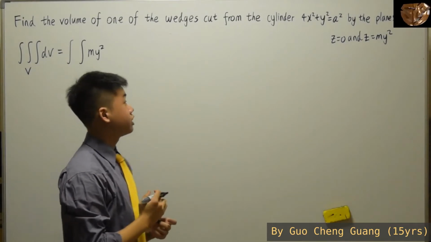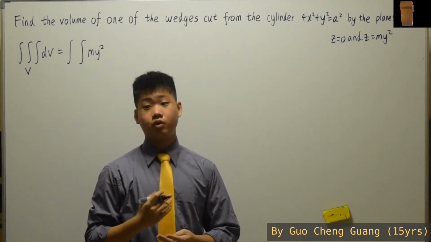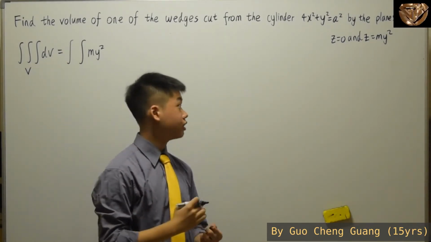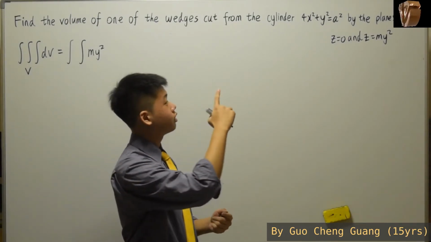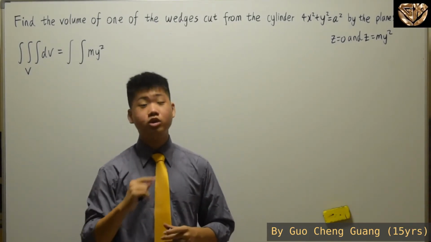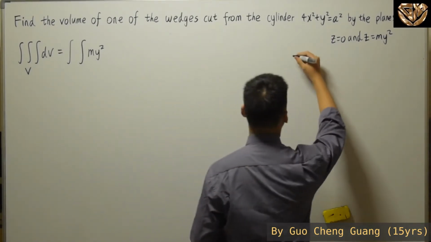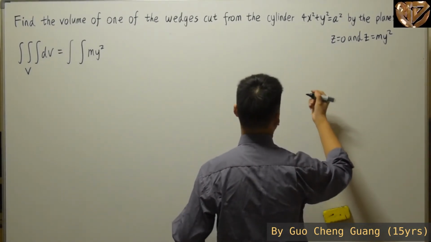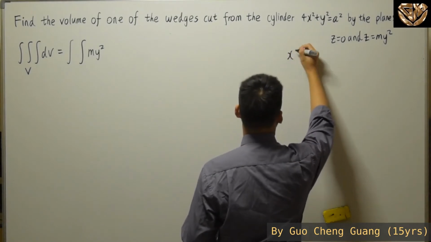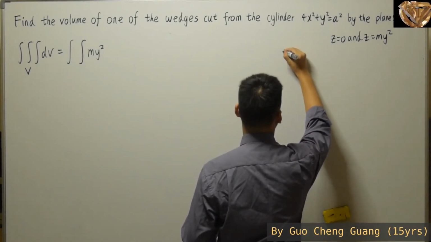And next, all you have to determine is whether you want to integrate with respect to x first or y first. But for that, we're going to have to take a look at the first function, which is 4x² + y² = a². Now, you might not recognize the form yet, but we can change it a little bit.